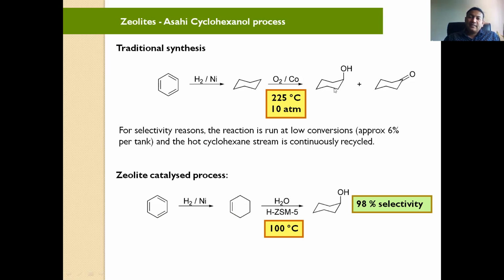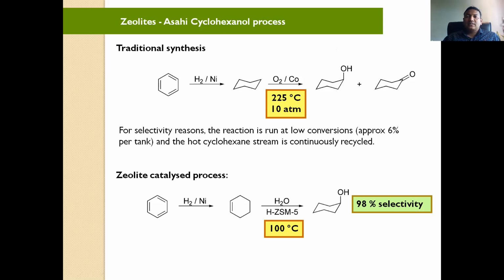The bad thing about this type of process is that we have to use a high temperature, which is 225, and we have to provide pressure too. Even after providing all this temperature and pressure, you will get a side product also. This cyclohexanone has a maximum possibility of being formed, but we require only cyclohexanol, meaning selectively.